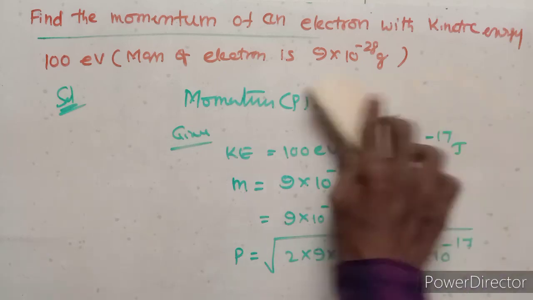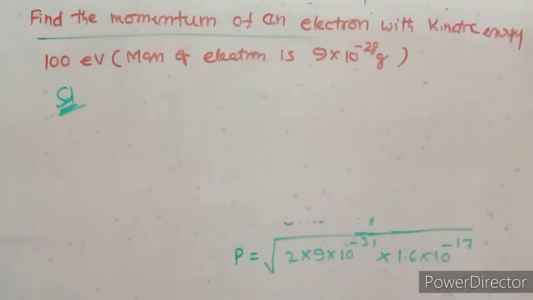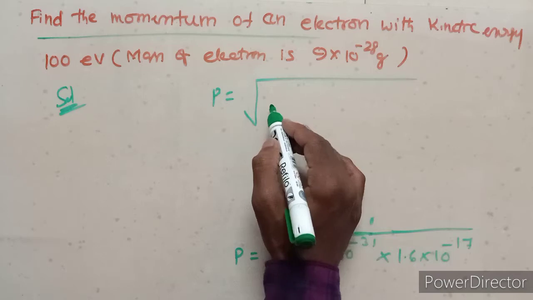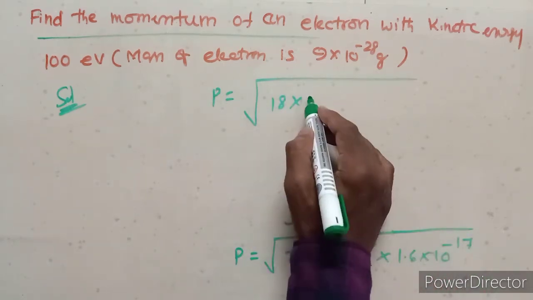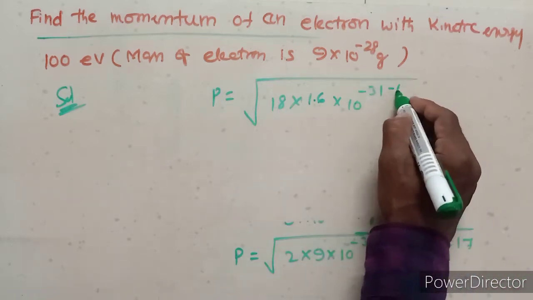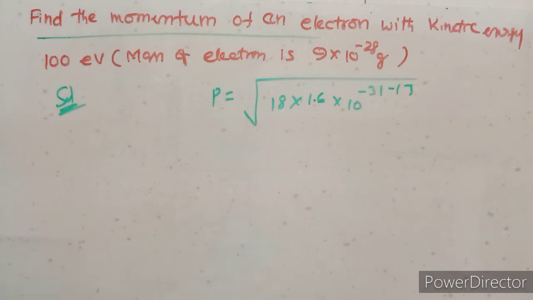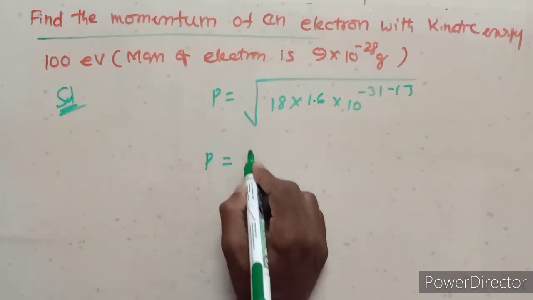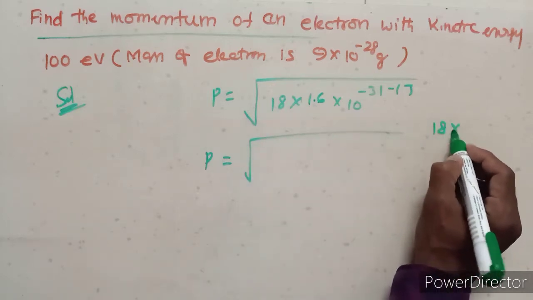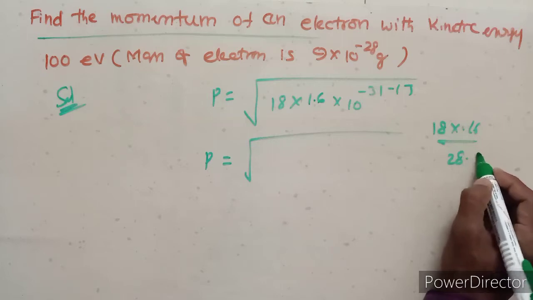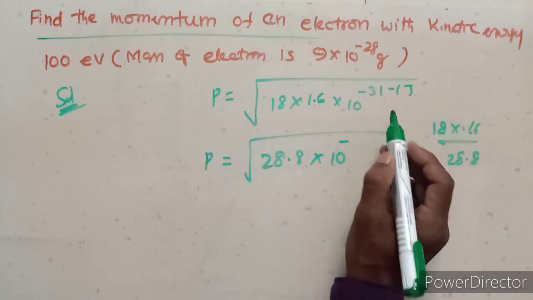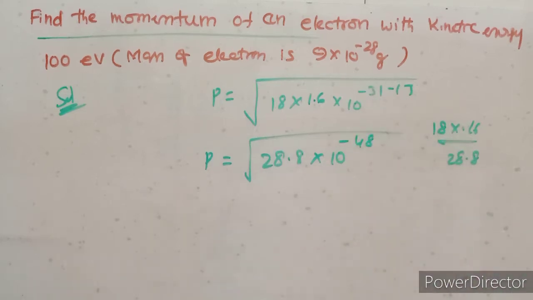So further simplification: P equals under root 2 nines are 18 into 1.6 into 10 to the power of minus 31 minus 17. So P equals under root 18 into 1.6, which equals 28.8 into 10 to the power of minus 48.